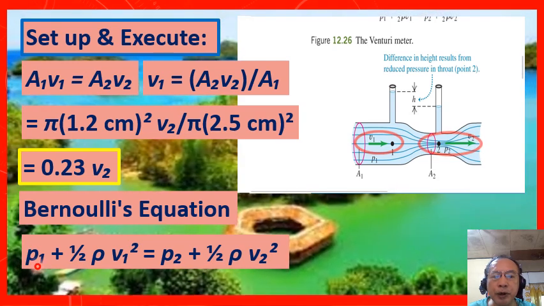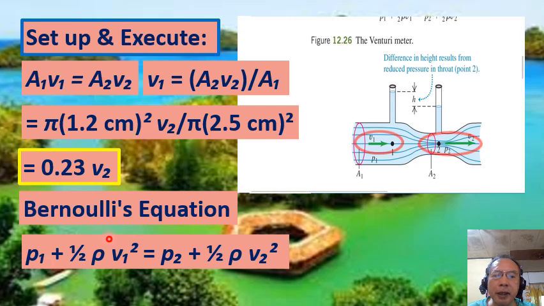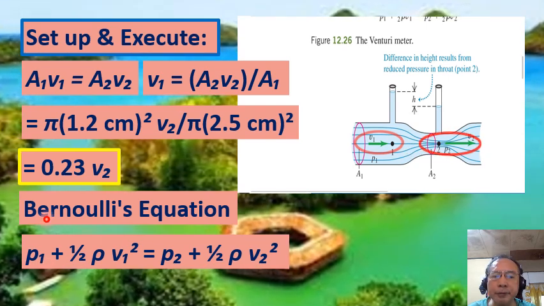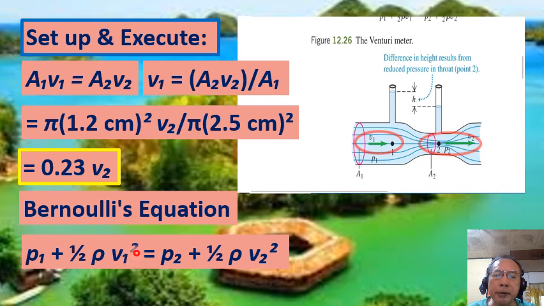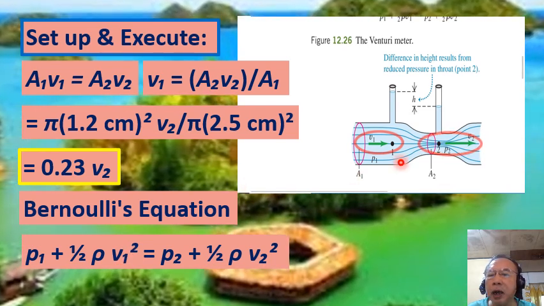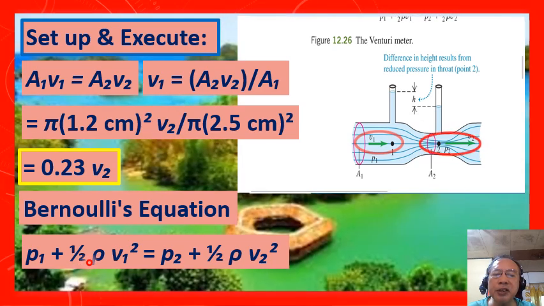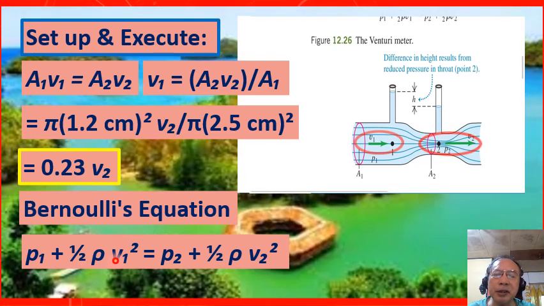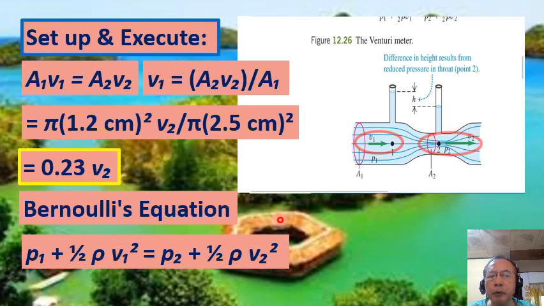So, of course, already defined earlier, P sub 1 is the pressure at point 1, and 1 half rho V sub 1 squared represents the pressure at point 1 due to the change in the kinetic energy per unit volume of water.